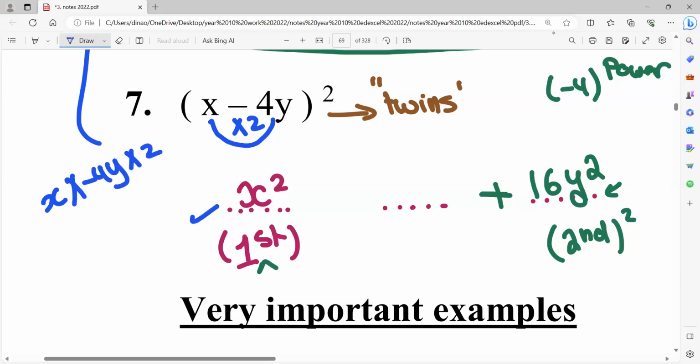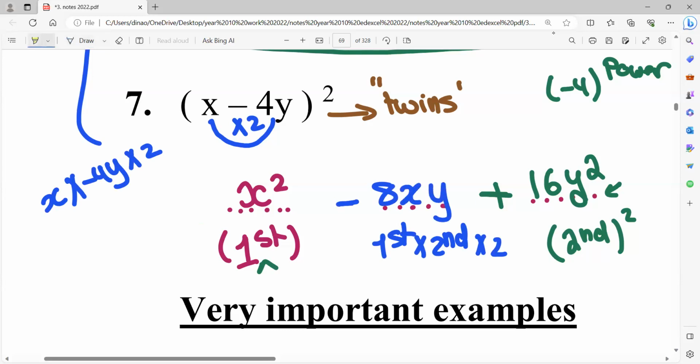I don't work on these squared ones. I work on the original items already in the bracket. So to find the middle term, first times second times 2. So x times negative 4y times 2 is negative 8xy. And as we can see, the middle term always takes the sign of the bracket.